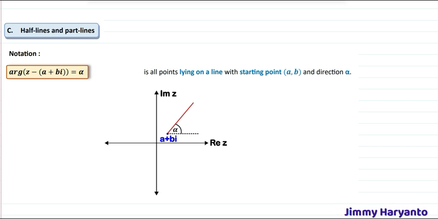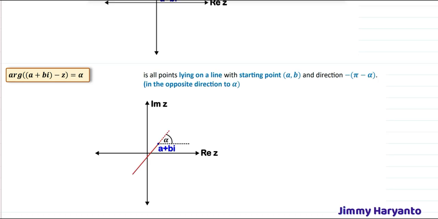So the locus will be like this. It's a line starting from a plus bi, and the direction is alpha. This is why it is called a half line, because you have to draw it like this. You cannot extend the line to the bottom part.